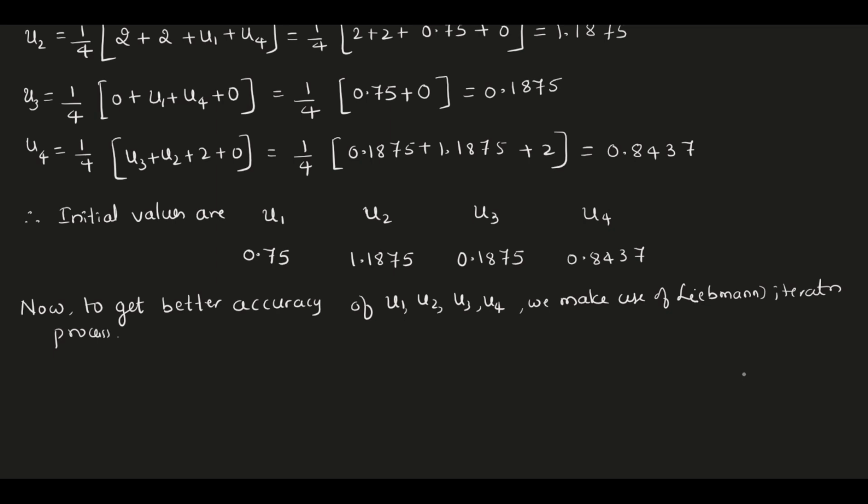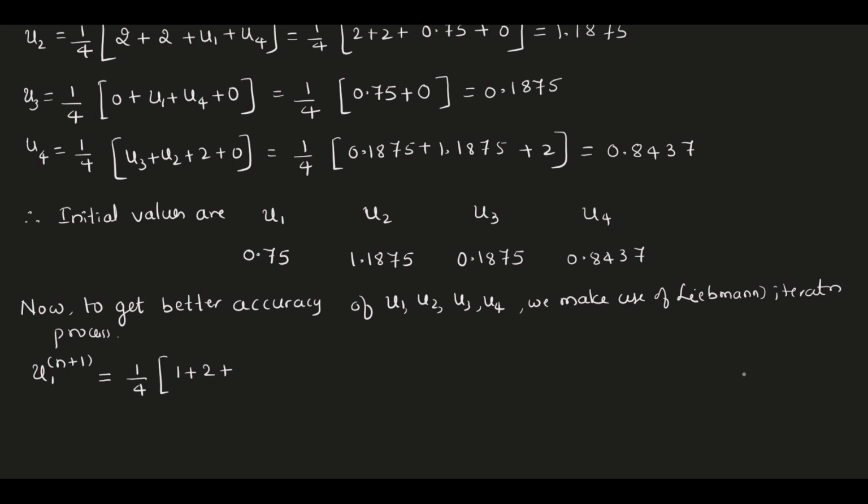Yes, this is the formula. As I said, now I want the next value, u of n plus 1. Yes, u1 of n plus 1 is equal to 1 by 4. What is the u1 value? What we have got, 1 plus 2.